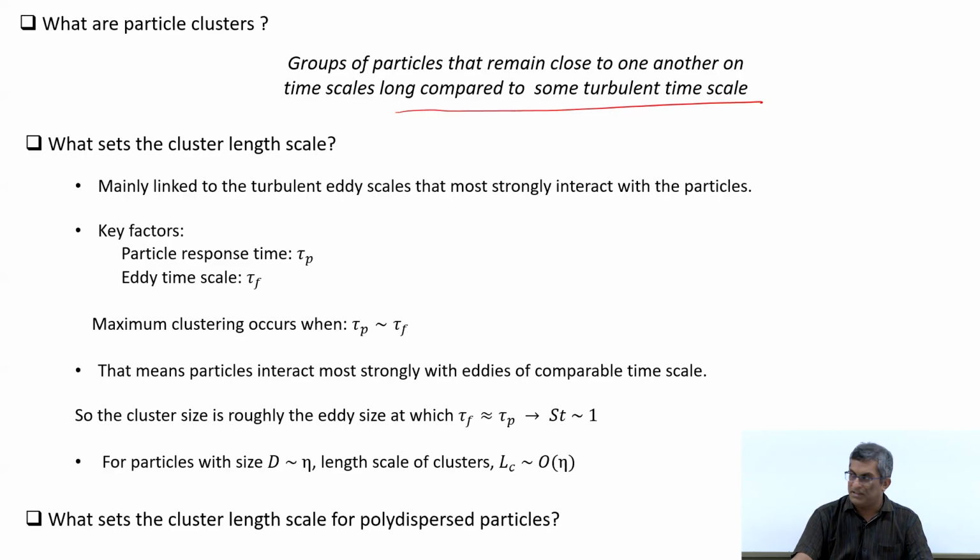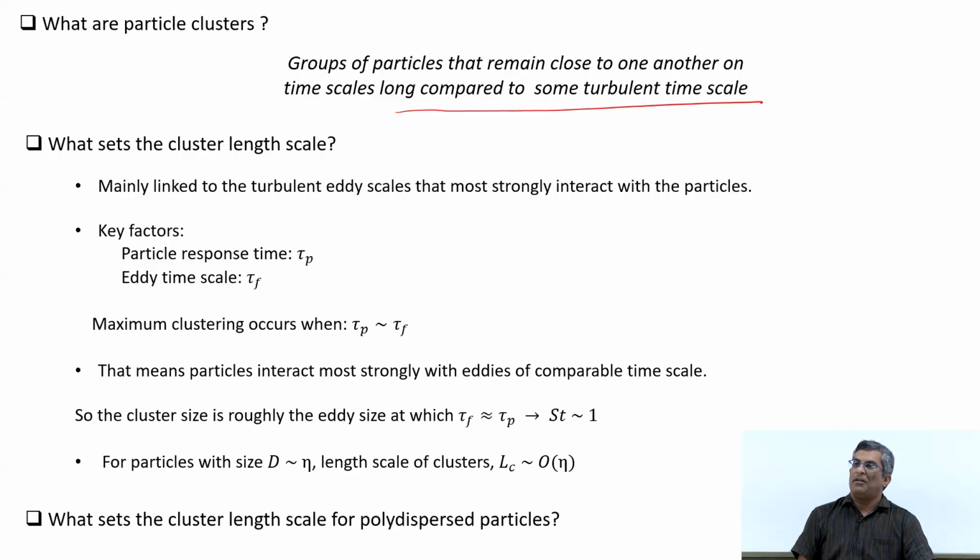With this argument we can say that maximum clustering would occur when this condition is met, or when the Stokes number is 1. And if the particle size itself is comparable to the Kolmogorov scale, then we can say that the length scale of the clusters would also scale with the Kolmogorov scale.